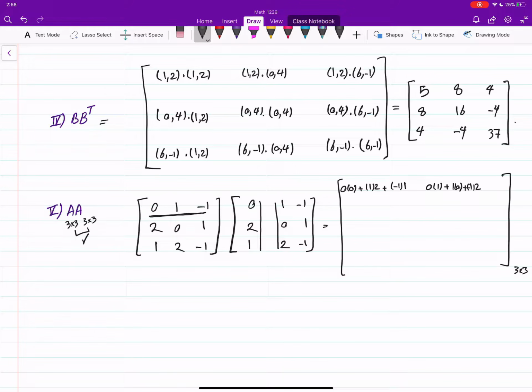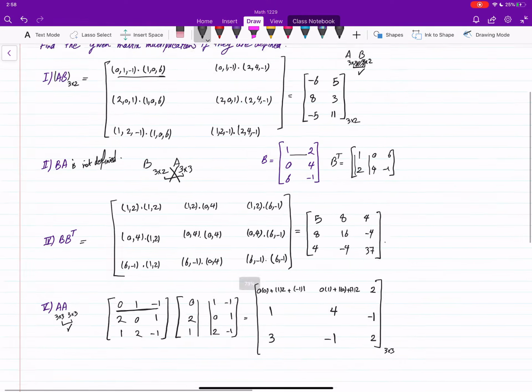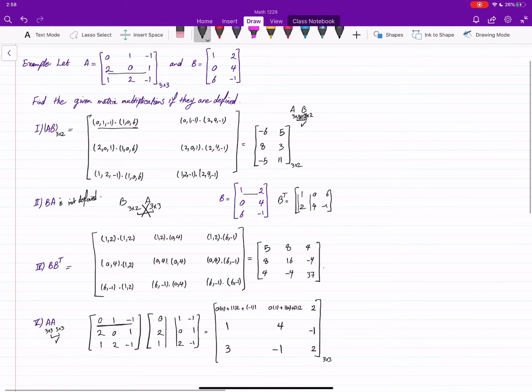Well, I'm just going to leave everything here for you and write the final result here. Just do the multiplication yourself. You will see that these entries will pop up. So when you first check the compatibility and then the dimensions you find, you have to be able to compute the entries. And depending on what the dimensions are, we will have different dimension products.